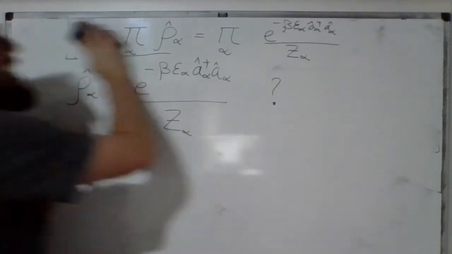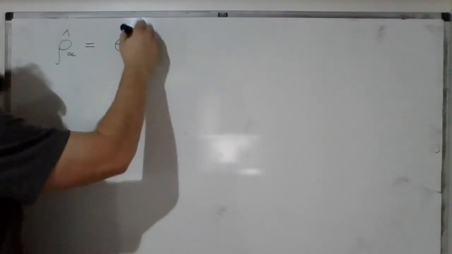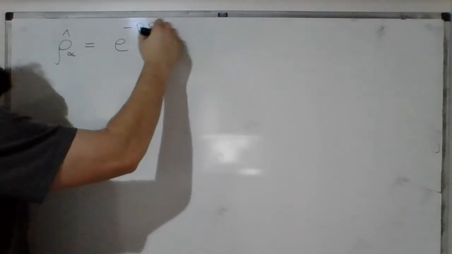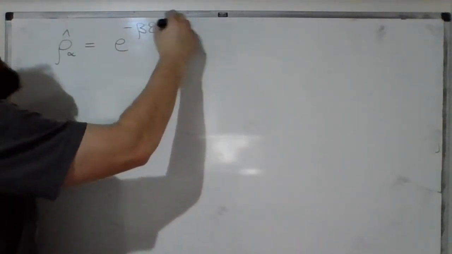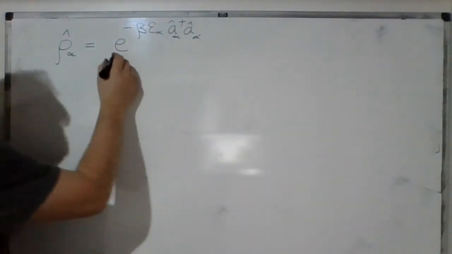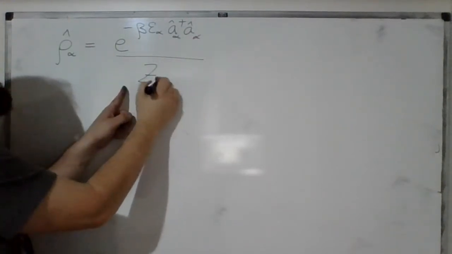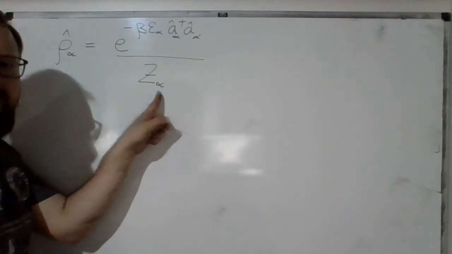So far so good. Let us insert the completeness in the number representation. So we have rho of a given alpha state equal to the exponential of minus beta, the energy of that state, times the number operator in that state, divided by the trace of this object, which is the partition function for that specific state.